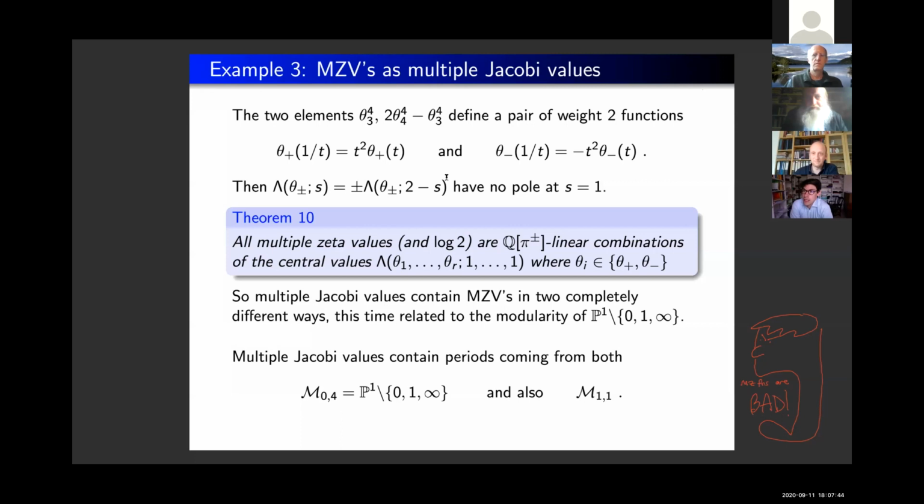You need all the extension data. Well, the extension data, by Beilinson, is encoded by the regulator, which is the value of the L-functions. Since you've been given the values you're evaluating it at, you know something about the extensions as well. So I don't really know the answer to your question, but it's going in that direction.